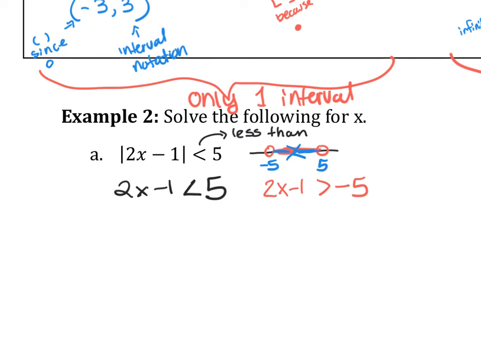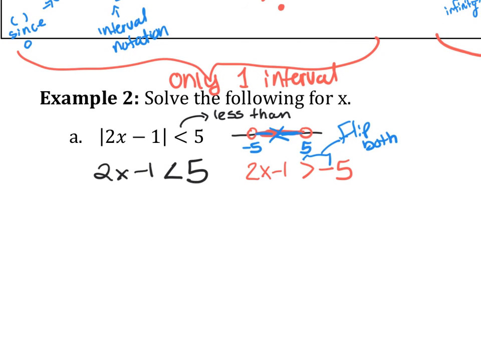So you flip the inequality sign and you flip the sign of the answer. We flip both. And again, having these pictures, those number line graphs, can help. And then it's just solving for x. You can do our same order of operations in reverse to get x by itself. So we'll add 1 to both sides.